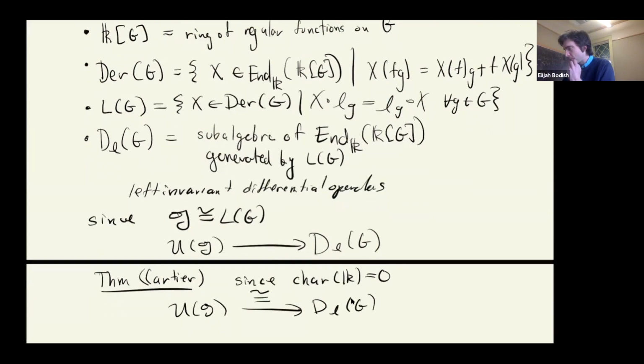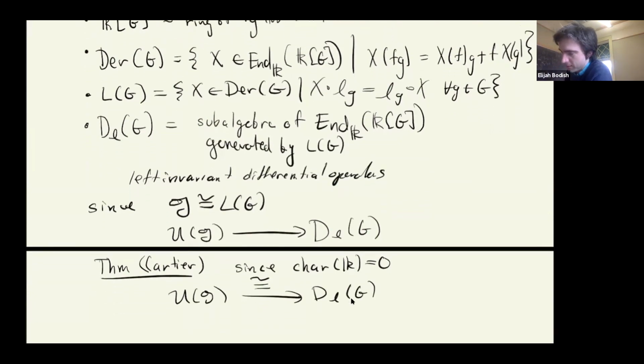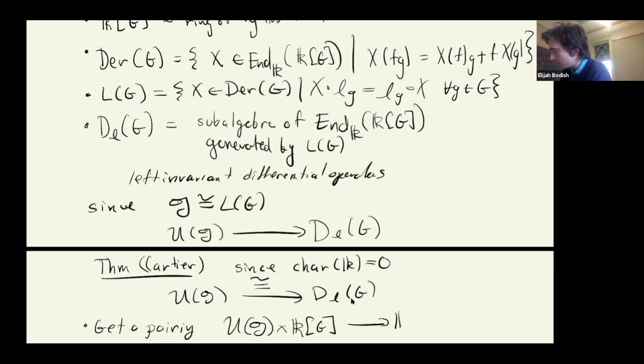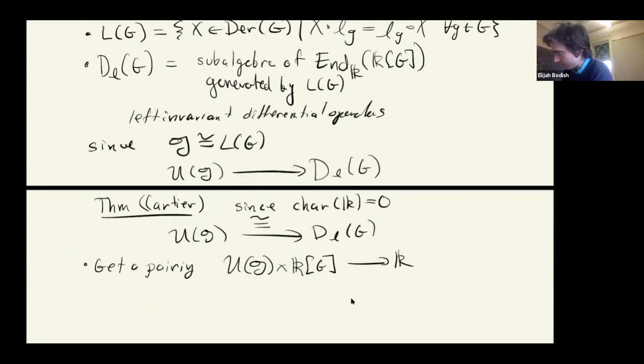So now, because differential operators act on the group, we get a pairing between U(g), by identifying U(g) with differential operators, and the coordinate algebra, by taking a differential operator, applying it to my function, and then evaluating at the identity. So for the derivations, these are turning my derivations into point derivations at the identity.